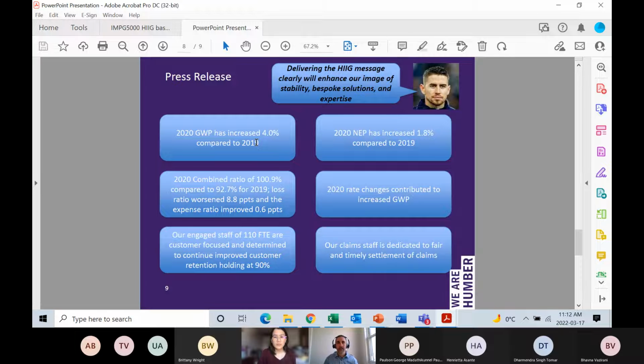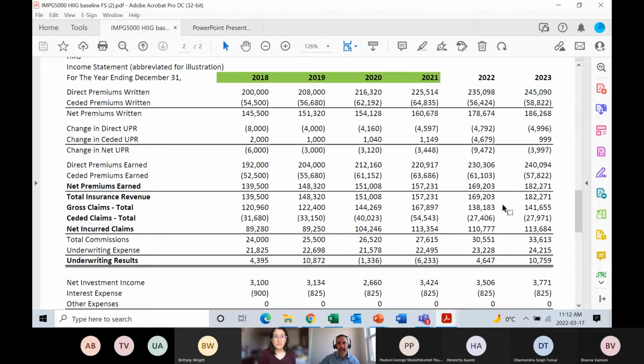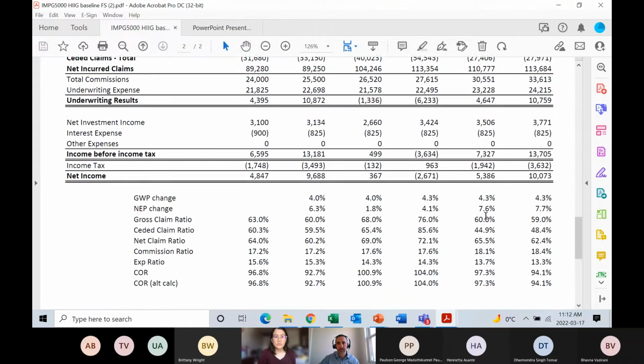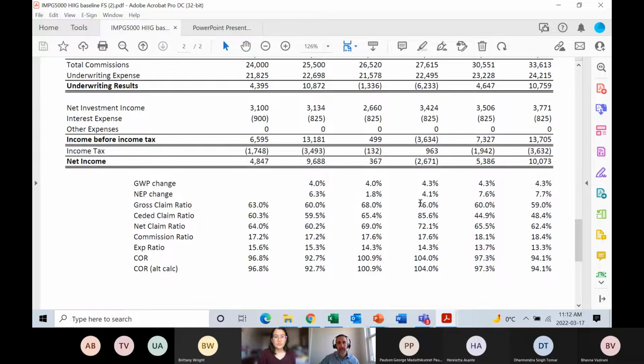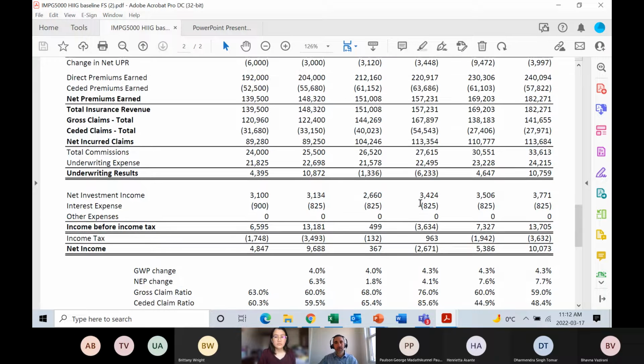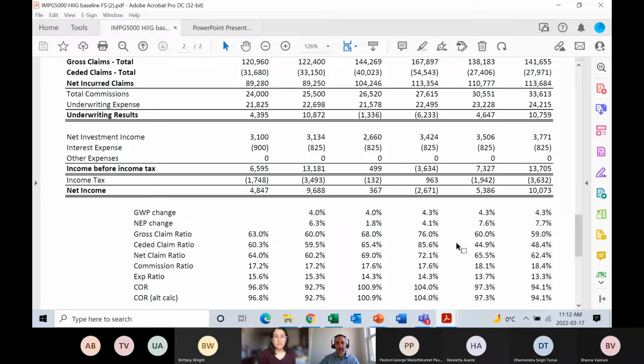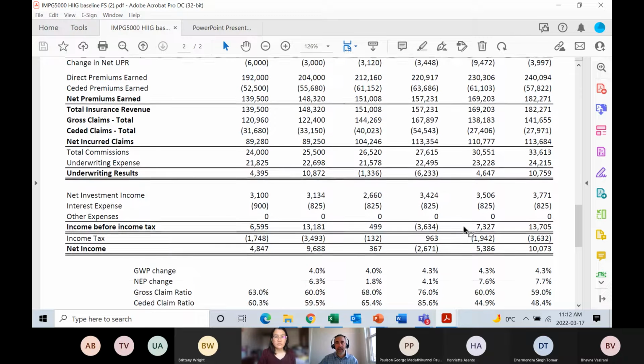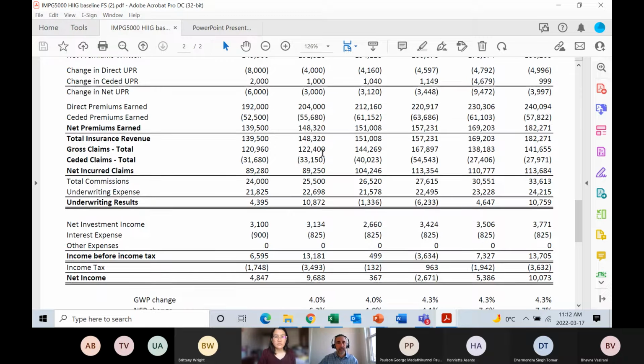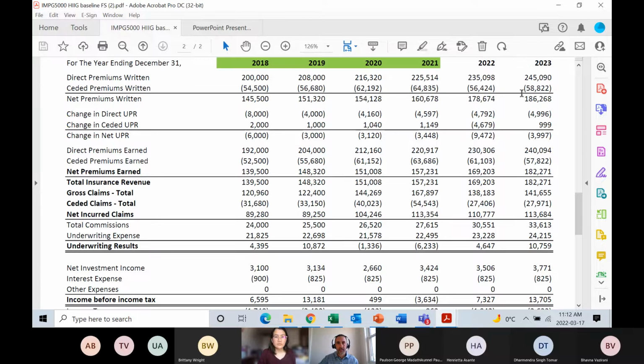So again, group one, more optimistic view of why HIG could get to an improved combined ratio. And then group two, more pessimistic view of what challenges you would have on a plan with premium growing and claims ratio coming down. Okay. All right.